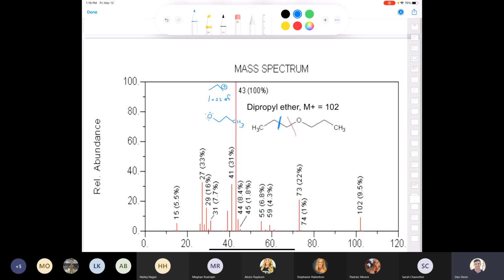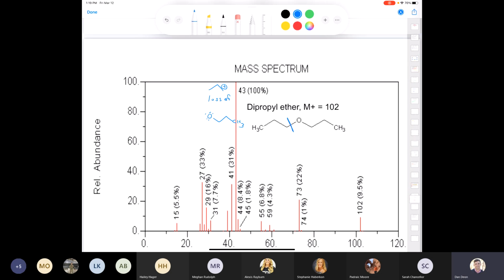Okay, what else do we have here? If we break on the red bond here, that would be due to the loss of, let's see here, that would be a loss of 43, right? No. Loss of 29. Oh, sorry, did I draw the wrong one here? Sorry, my mistake. When I said loss of the propyl, that would be right here.